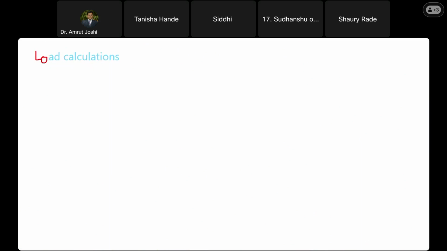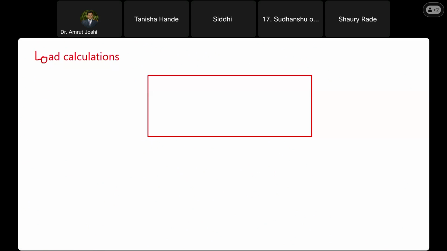For that, what I'm going to do now is draw the plan of the slab. How does the plan of the slab look? So this slab has a span of 5 meter. That is given. So this is the span. How much is that? It is 5 meter. Happy?